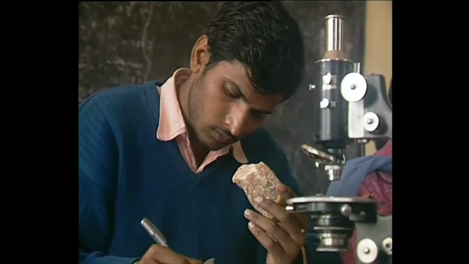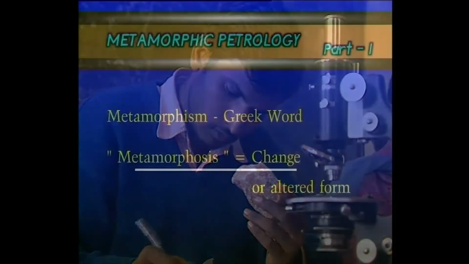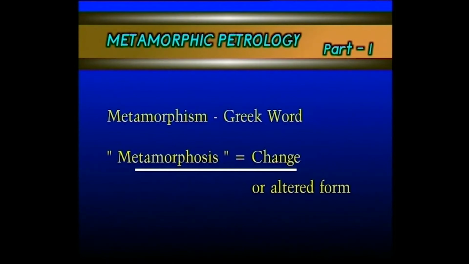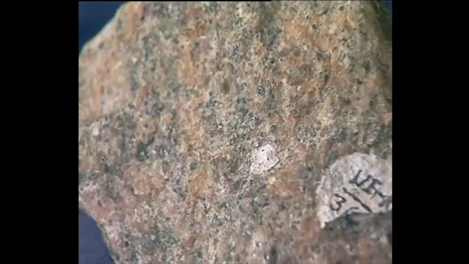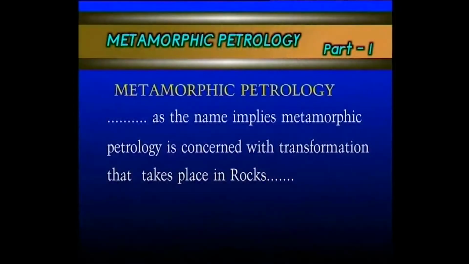Now let us see what is the word metamorphism and from where it is derived. The word metamorphism comes from the Greek word metamorphosis, meaning to change or alter form. As the name implies, metamorphic petrology is concerned with transformations that take place in rock.